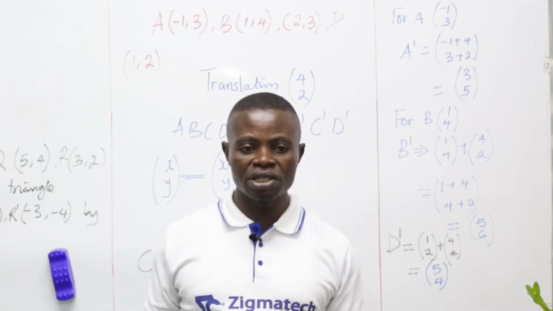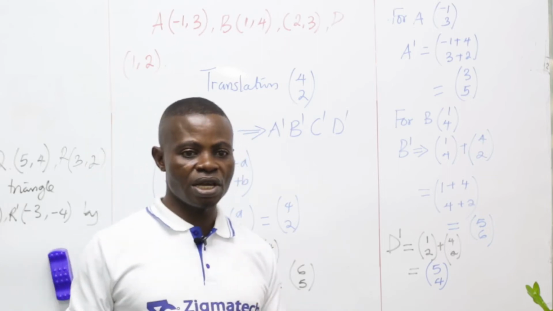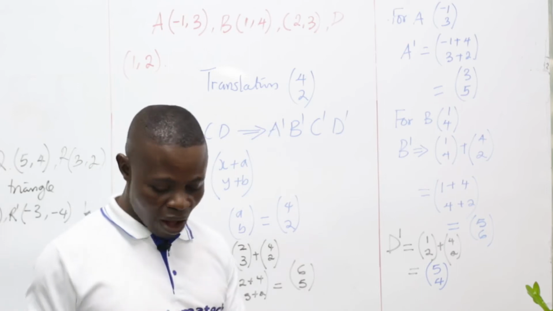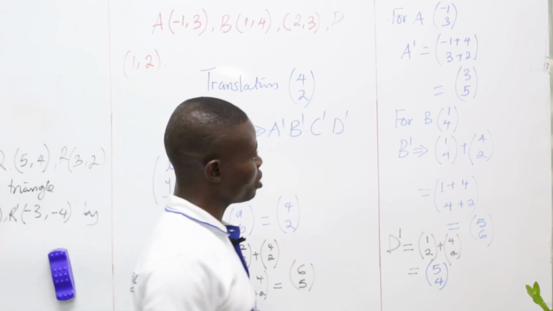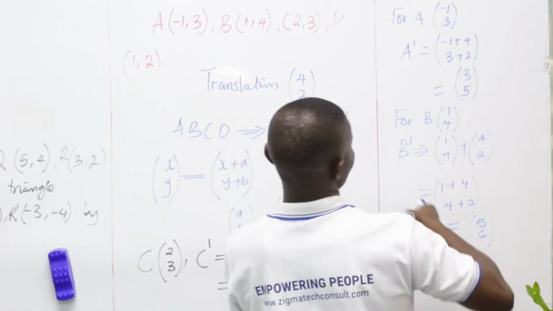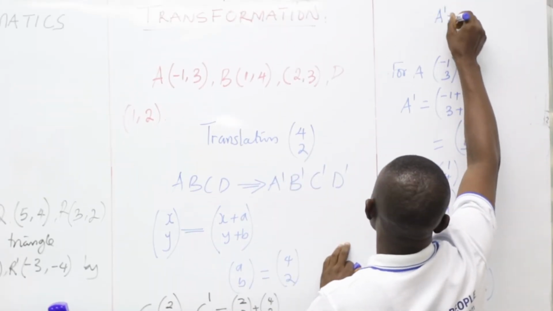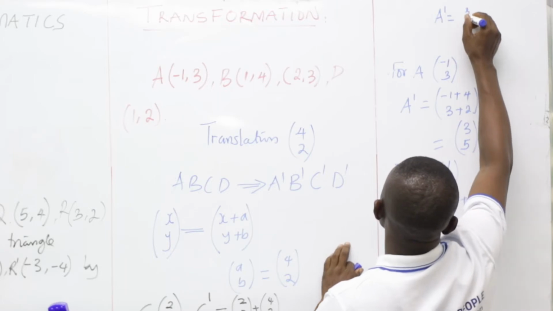Okay, let us see how it's going to look on a graph sheet. Let us write down all our images on one side. That is, A prime equals 3, 5.